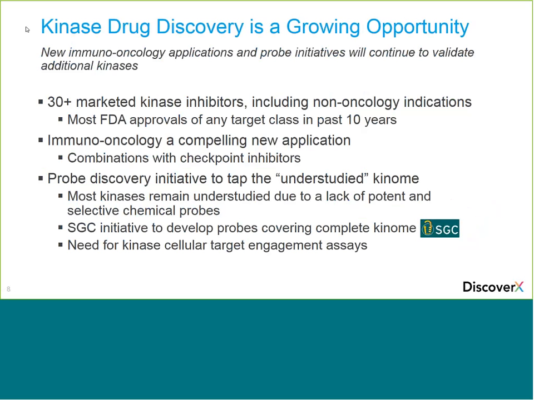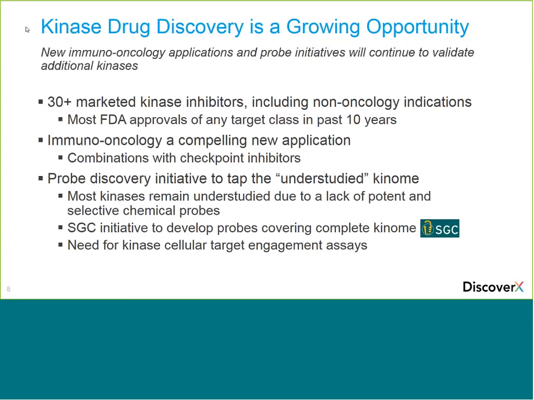Well, one thing is that we needed some new application for kinase inhibitors. And one of these new applications that we're all very excited about is immuno-oncology. And so there were data showing that checkpoint inhibitors, which are biologics, combined with kinase inhibitors can have an additive, maybe even synergistic effect, and there's some really complementary biology there.